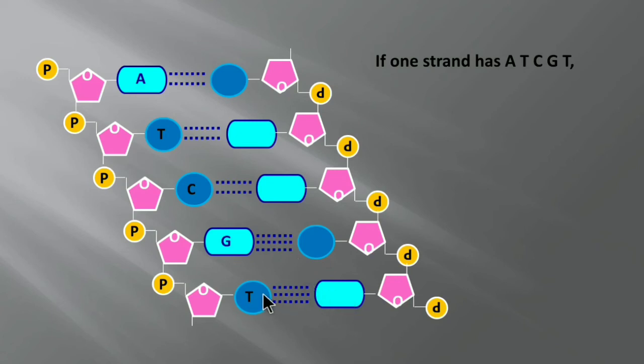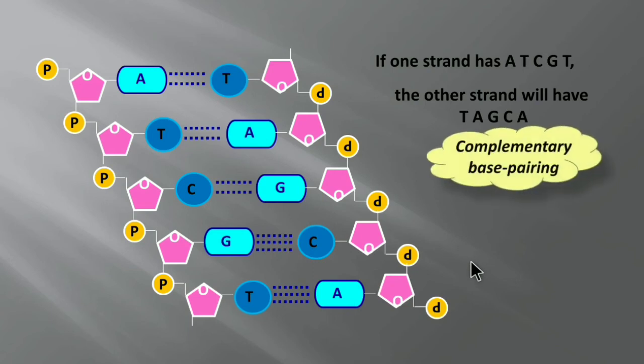If the base sequence of one strand is known, we can easily determine the bases of the opposite strand. So the other strand will have what? TAGCA.